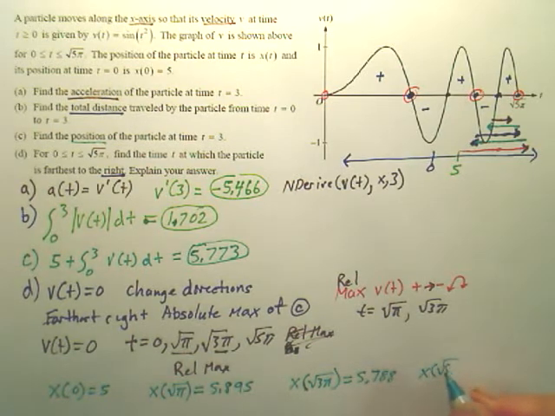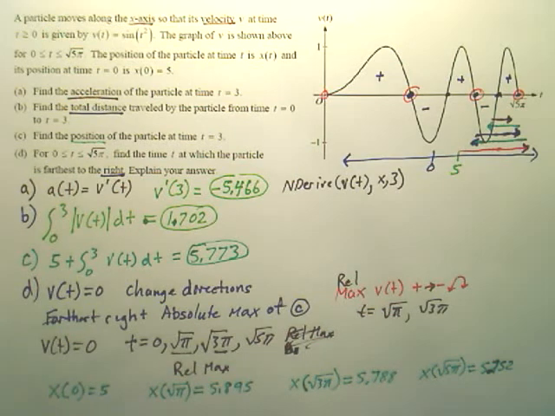And x of the square root of 5 pi gives you 5.752. So those end up being your possible farthest to the right. And then all you do is you look at all these and find your biggest one. Your biggest one is this one.